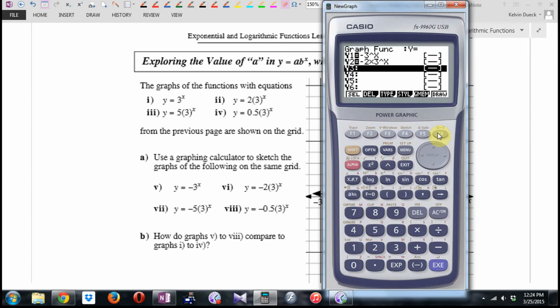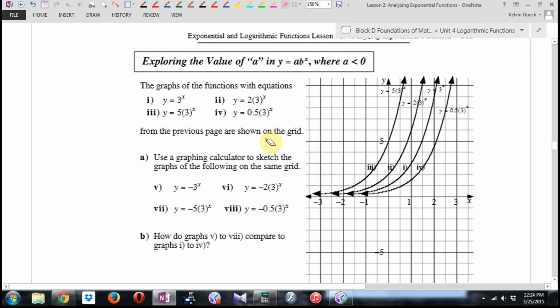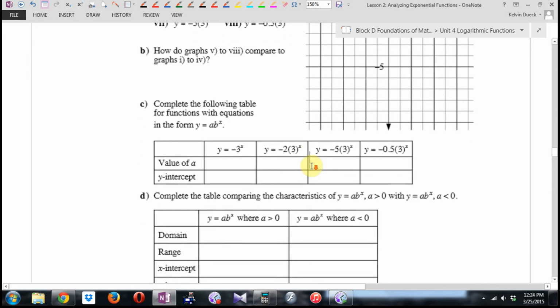Okay. So, hey, what does a negative do? Flips it vertically. Which means, for example, looking at part C, what's the value of A here? What's in front of the 3 here? -1. What's in front of the 3 here? What's A? -2, -5, -0.5.